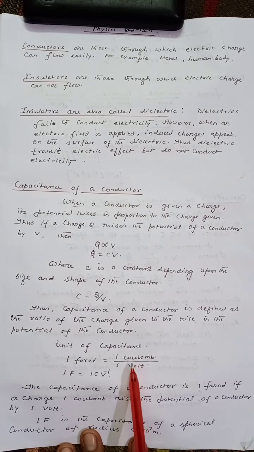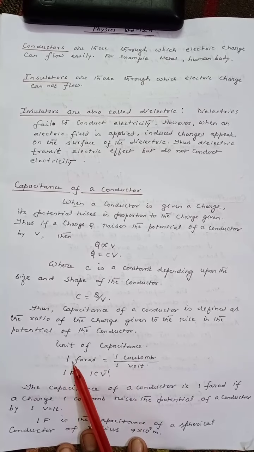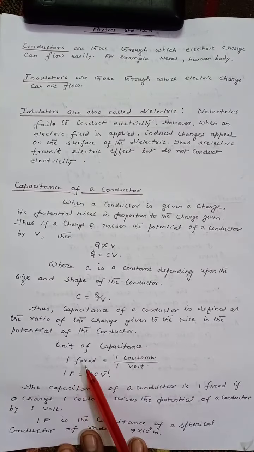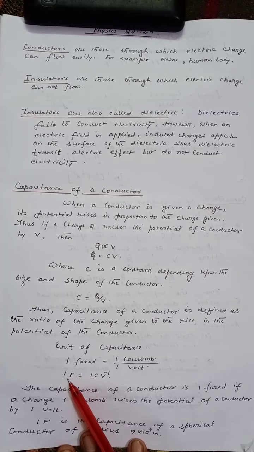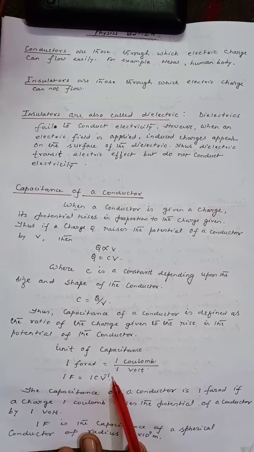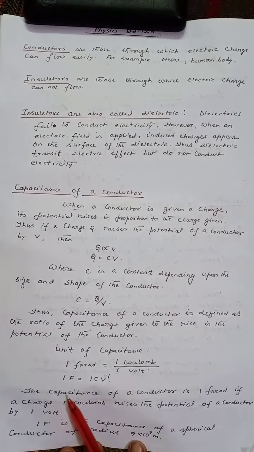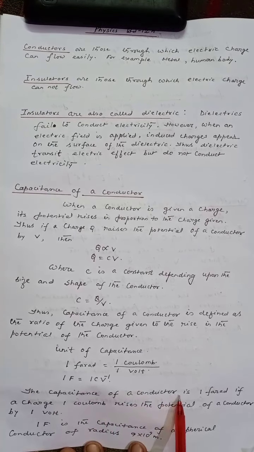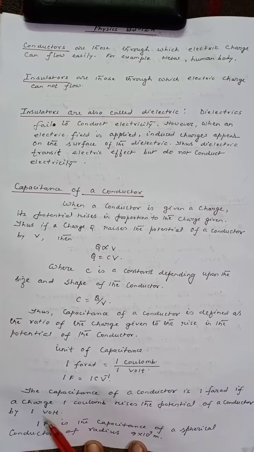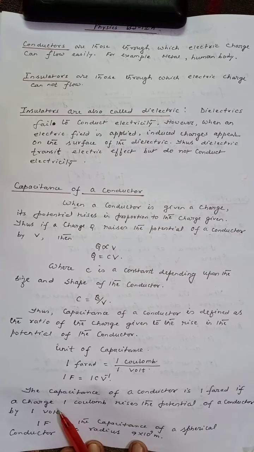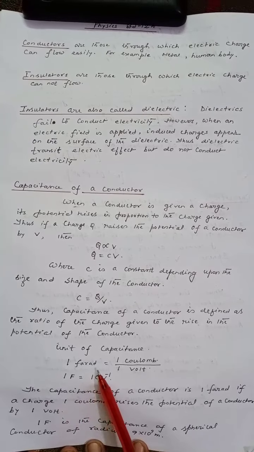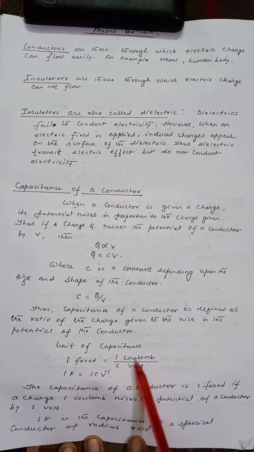This ratio, 1 coulomb by 1 volt, is known as 1 farad, and we represent farad by capital F. The capacitance of a conductor is 1 farad if a charge of 1 coulomb raises the potential of the conductor by 1 volt. That is the definition of 1 farad you can get from this relation.